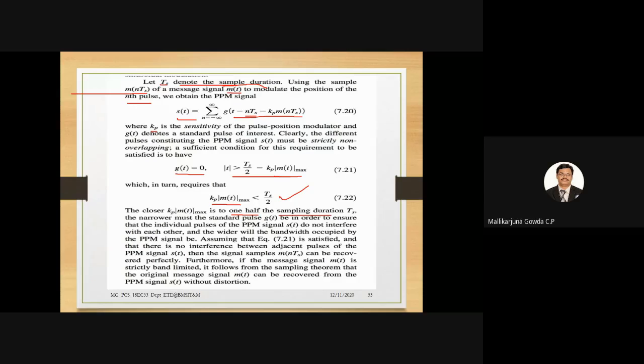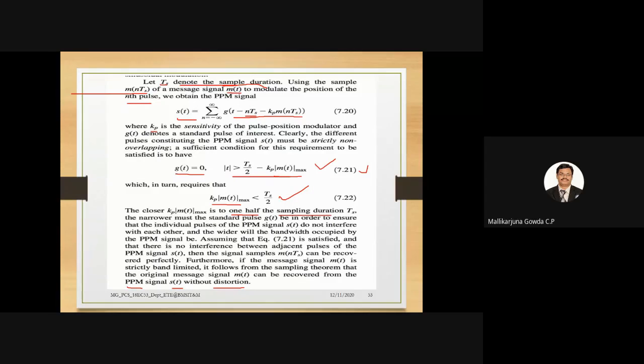The wider the bandwidth occupied by the PPM signal, the better. If equation 7.21 is satisfied, there is no interference between adjacent pulses of the PPM signal, and the samples m(nTs) can be recovered properly. If the message signal is strictly band limited, it follows from the sampling theorem that the original message signal m(t) can be recovered from the PPM signal s(t) without any distortion.